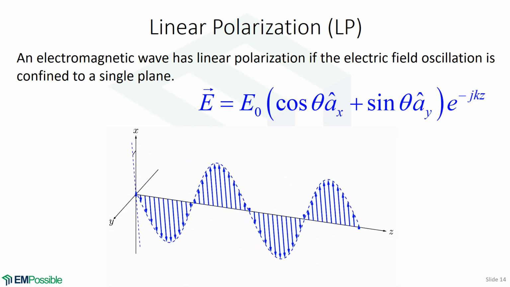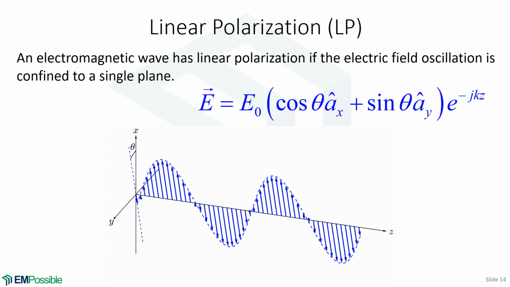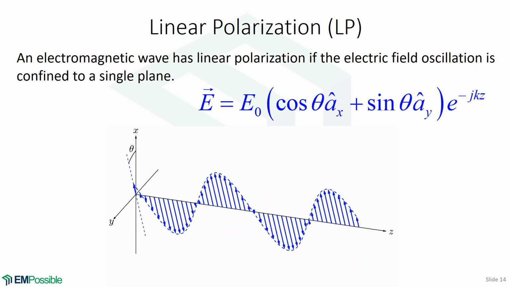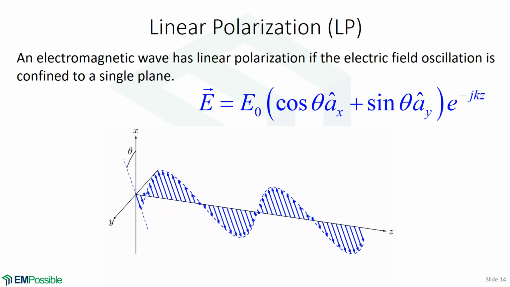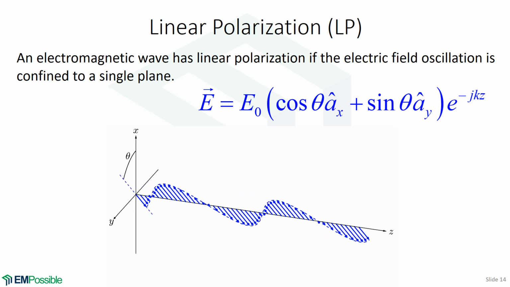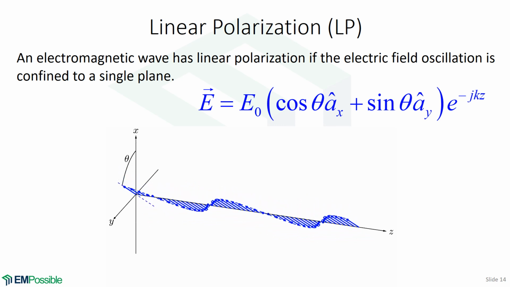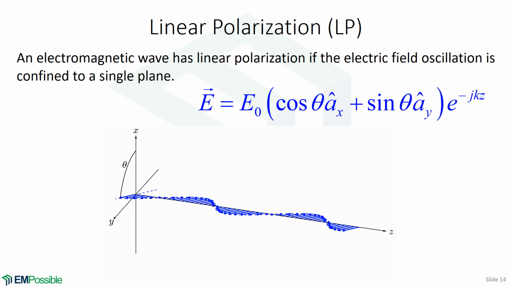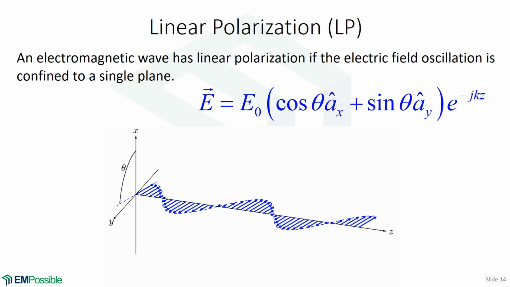It turns out there's even more possibilities for directions. Here, what I'm trying to show is that the electric field can oscillate along any direction as long as it is a single direction. And so if we pick some tilt angle theta off of the x-axis, we can write our polarization vector a little bit differently.